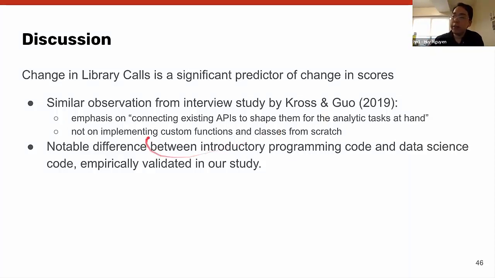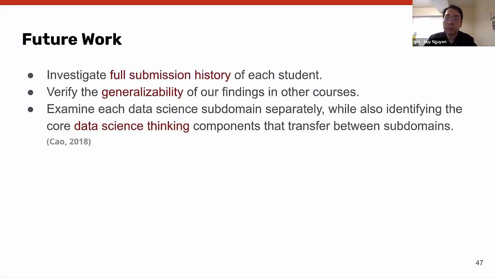We believe that this is a very notable difference between computer science code and data science code, which was proposed by Cross and Gore and also empirically validated in our study. So what this means is that an important learning objective for data science novices is to acquire fluency in common data science APIs. And we believe this is a valuable insight for instructors.